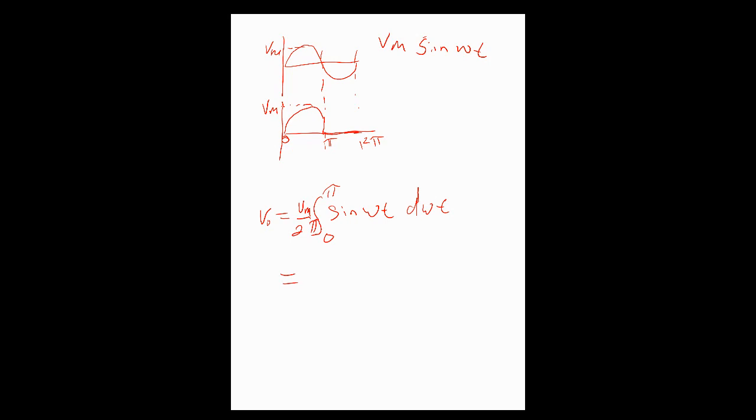When we integrate sine, what do we get? Minus cos. Remember, power electronics involves mathematics as well. It's quite multidisciplinary. So minus cos omega t, between 0 and pi.